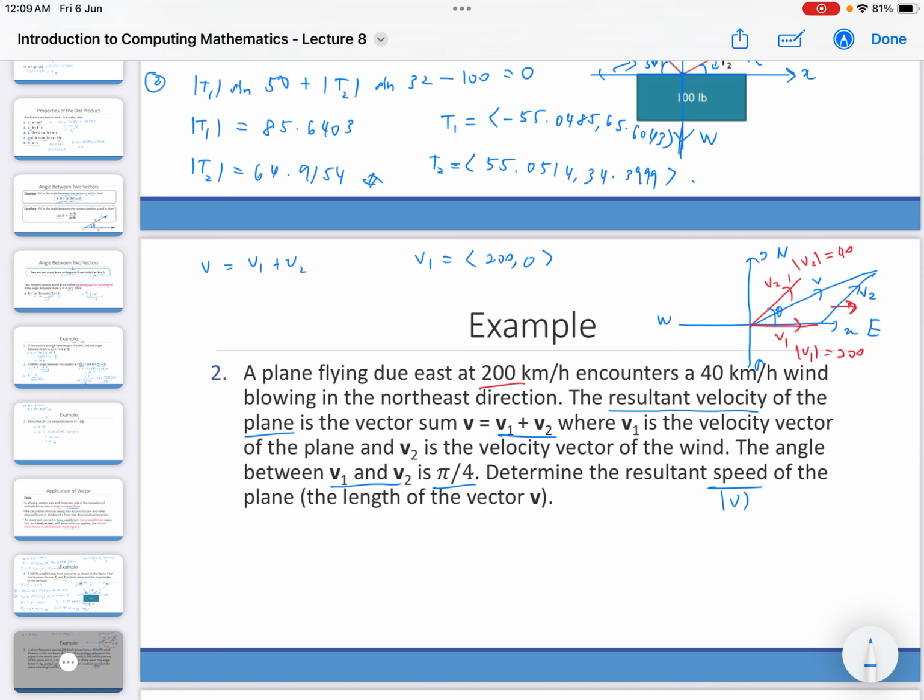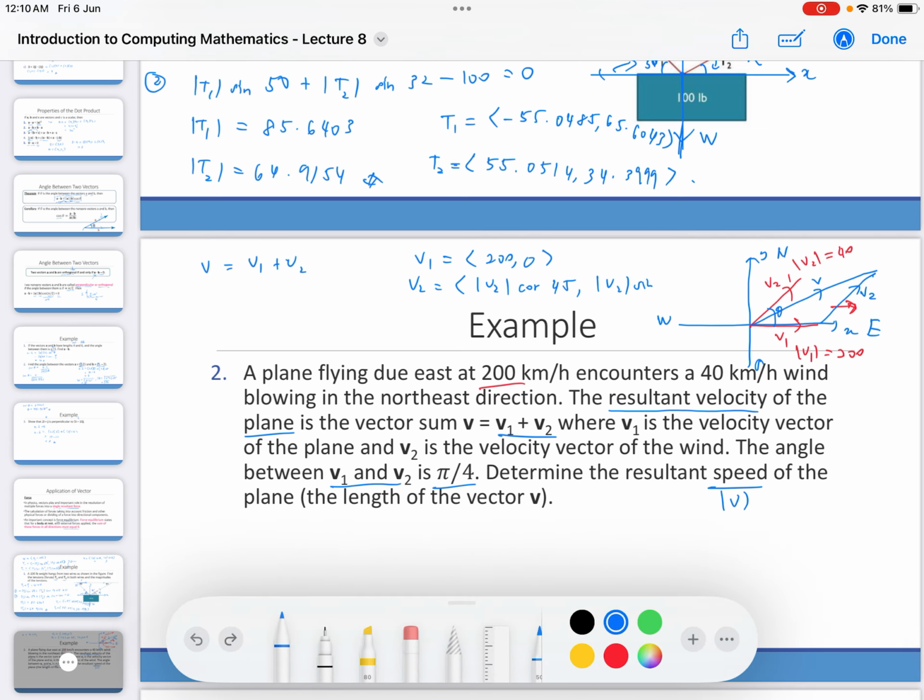And then for v2, the first component will be norm of v2 cos 45 degree, and the second component will be norm of v2 sine 45 degree.